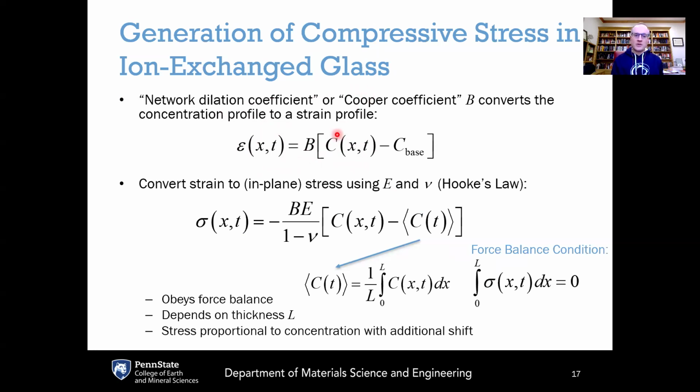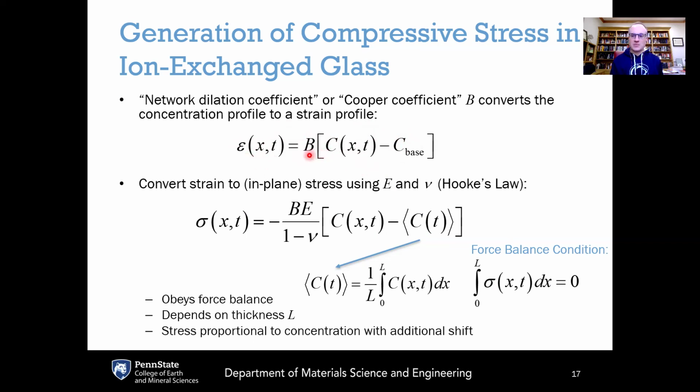So this Cooper coefficient or network dilation coefficient B is the proportionality constant that relates how much the concentration of the invading alkali species is changing, and then how much strain that you get from that.